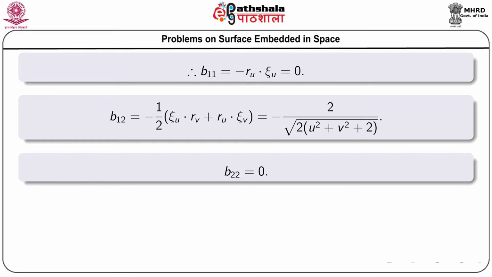And similarly, we can find B 2 2, that is the dot product of R v and xi v, and that will also come to 0. Anyone can calculate this by taking the partial derivative of xi with respect to v and then performing the dot product with R v. B 2 2 will come 0.